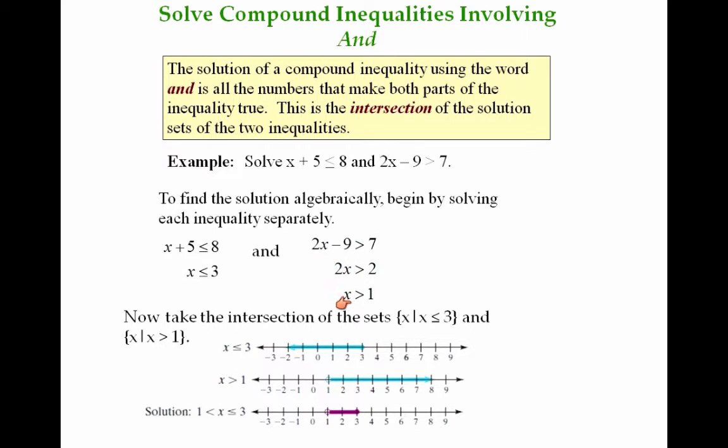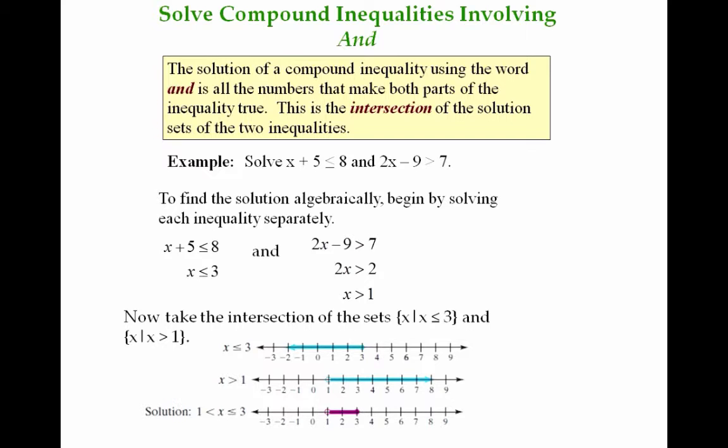Here we're going to add 9 and divide both sides of the inequality by 2. Then I would get x is greater than 1. I'm going to graph these individually and see what you have in common between these two sets. As you see, it would be all the numbers between 1 and 3, not including 1, but including 3. That would be the set of solutions.